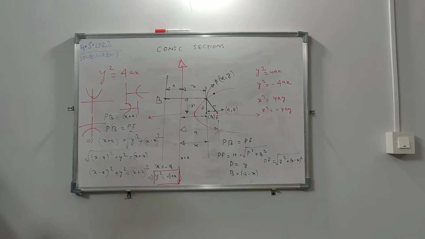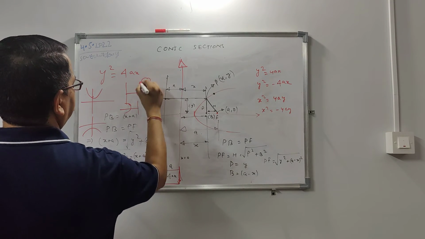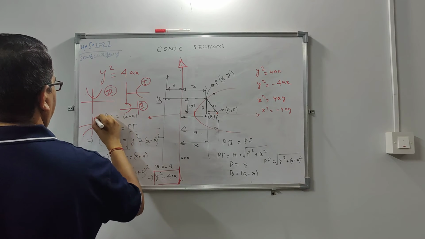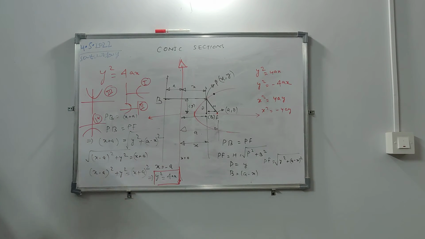So these are different cases: case 1, case 2, case 3 and case 4. So these are the simplified equations.